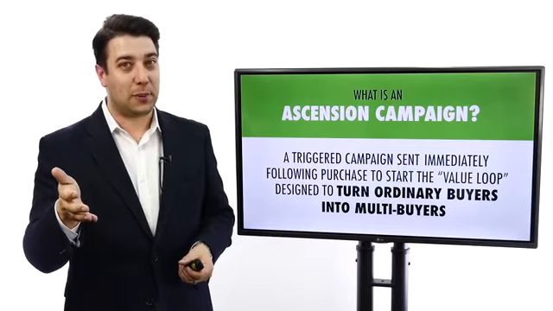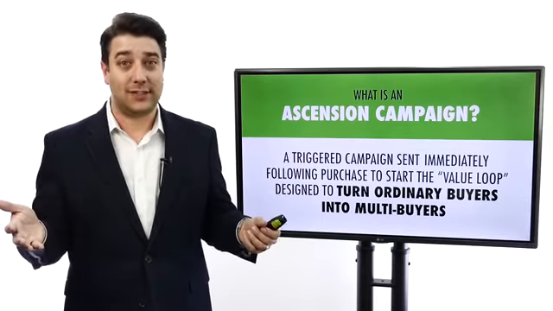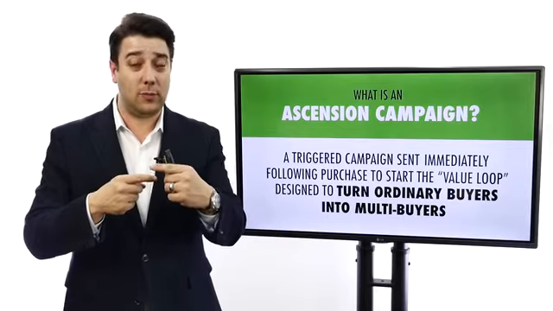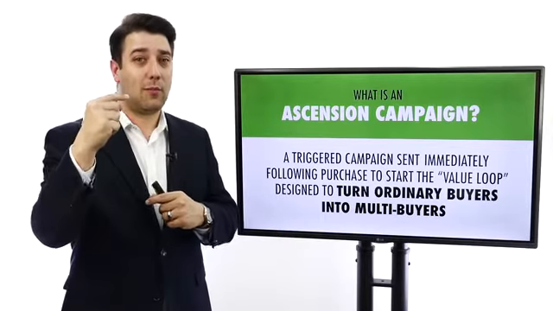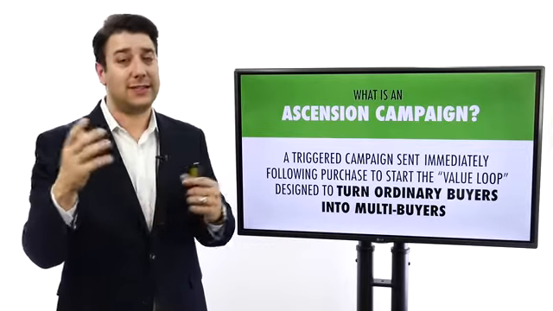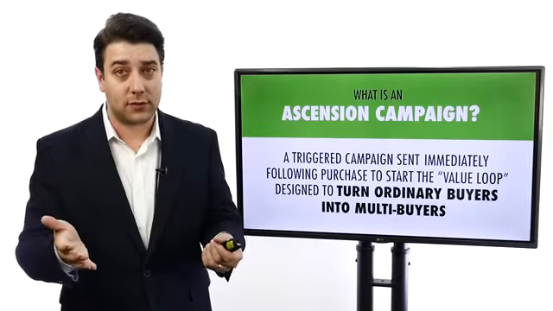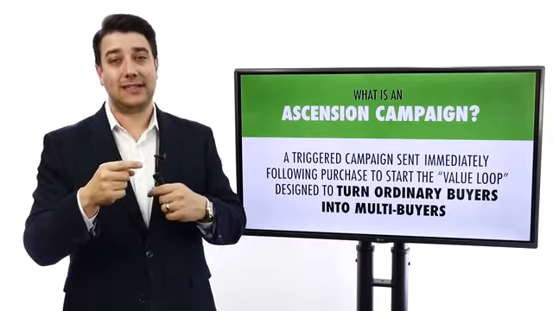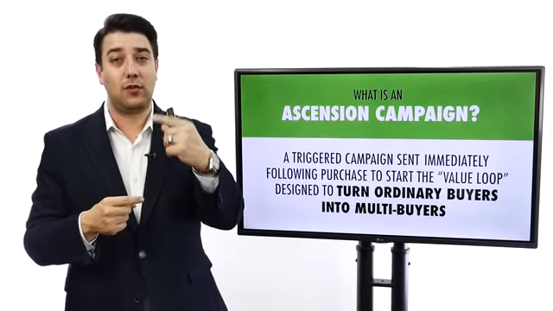So after an initial purchase of something, now you go into an Ascension campaign to ideally try to start that value loop. The value loop being defined as you send them more valuable information and content, sometimes just offers, sometimes offers to buy more stuff. And as long as they consider them valuable, they'll continue to buy.